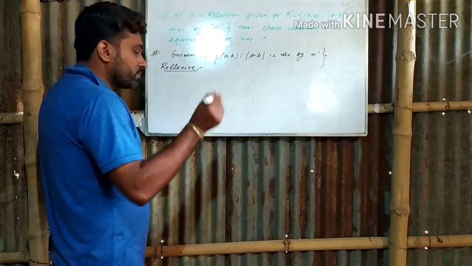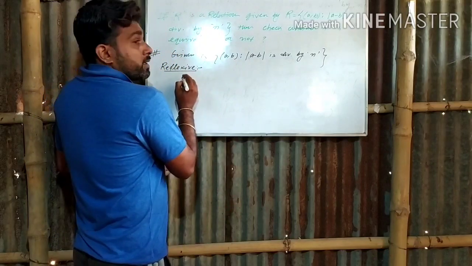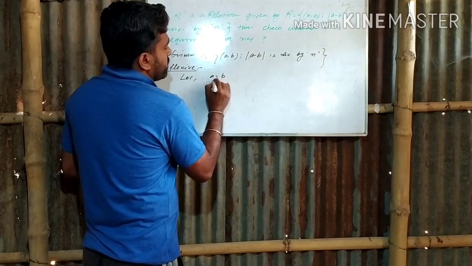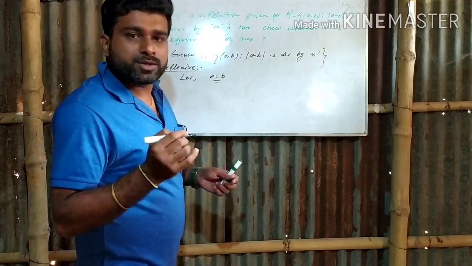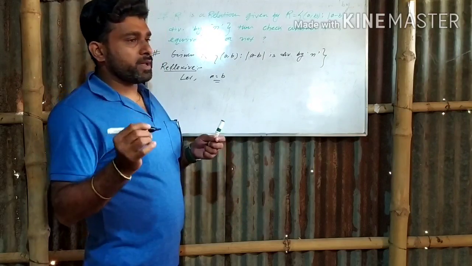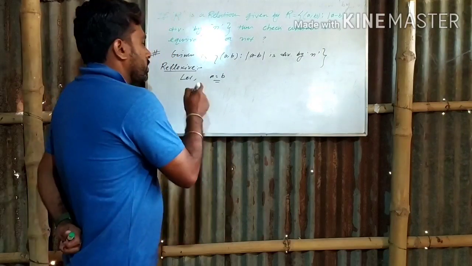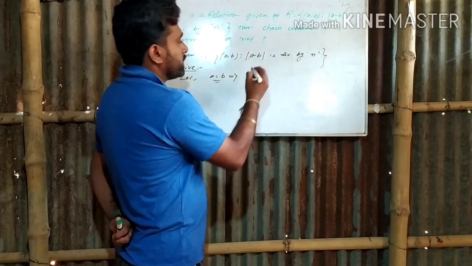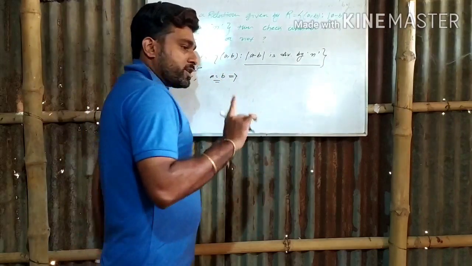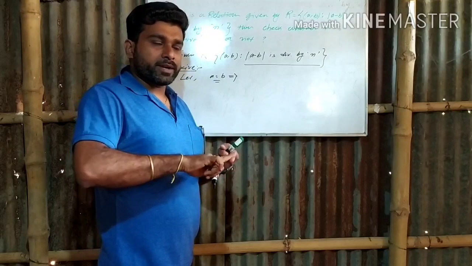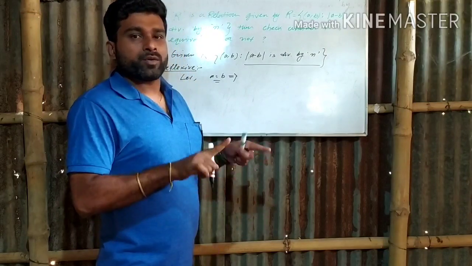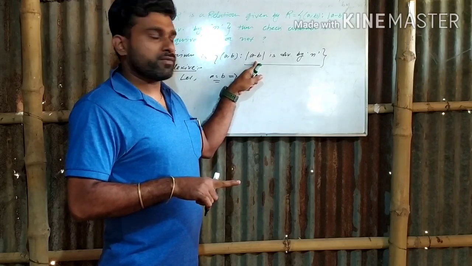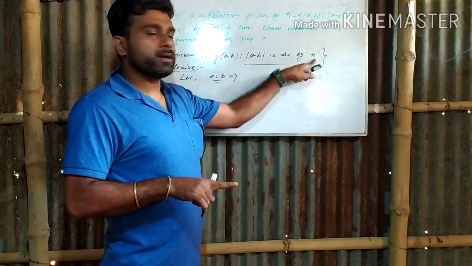For that, let me assume a = b, that is, the values of a and b are equal. Now if a = b, what does it mean? The relation, that is the bonding, will be created between the elements a and b when this condition is satisfied. The condition is what? Modulus of a - b is divisible by n.